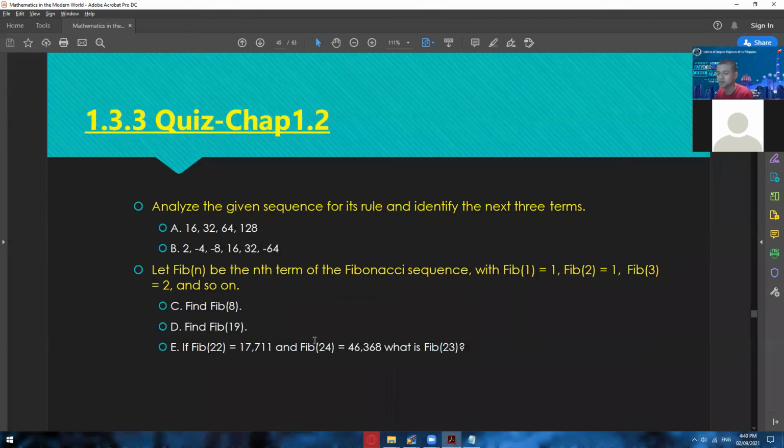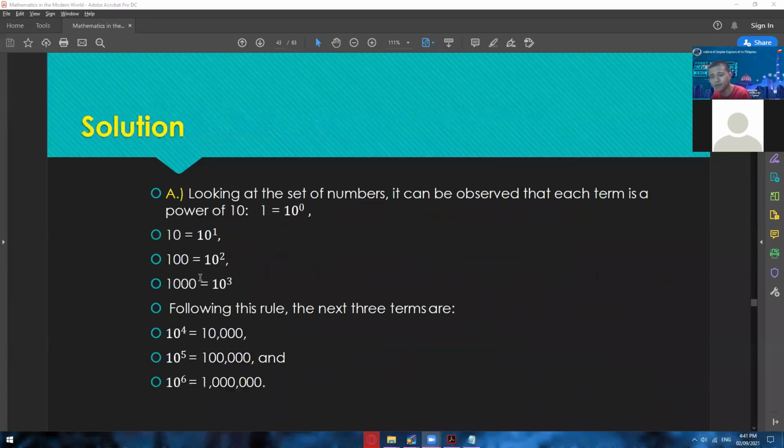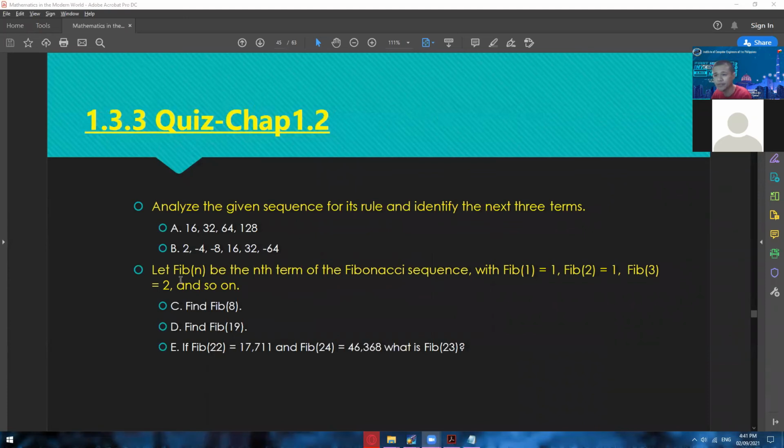I'll give you guys 1 minute to analyze, and just in case you have a question, let me know. Letters A and B are the same as this example right here, but for C to I, it's now a different sequence.